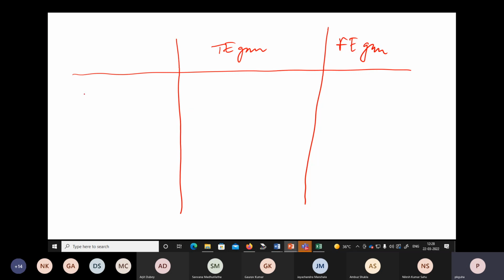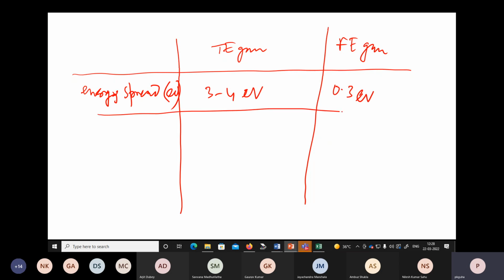The energy spread, of the order of eV, in the case of the thermally generated gun is like 3 to 4 electron volt, whereas this is at least one order of magnitude less, 0.3 electron volt.